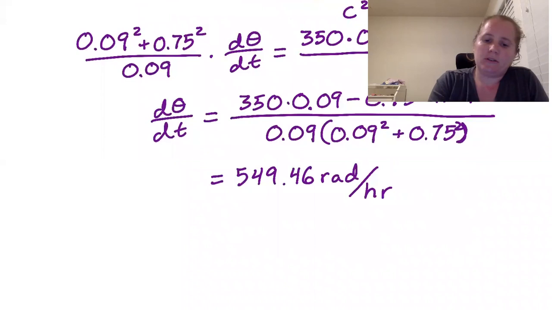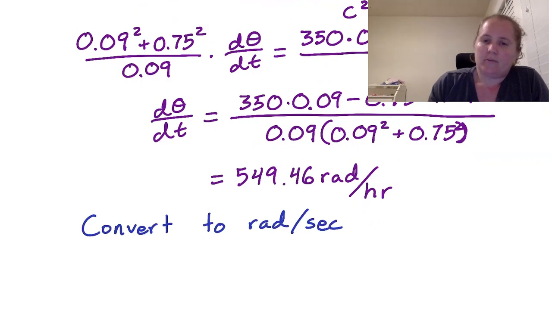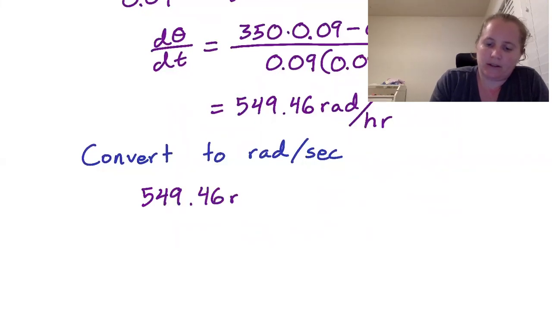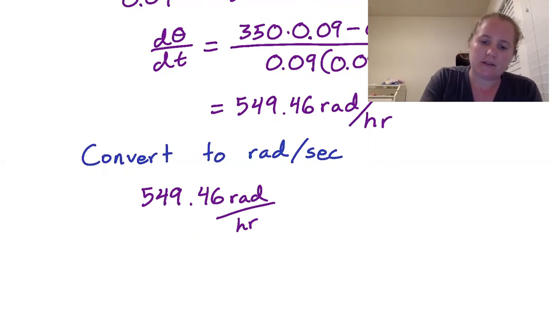So at this point now, we need to do a unit conversion to radians per second. To do that, again, we have our 549.46 radians per hour. If you know the direct conversion of seconds to hours, you can do that, or you can pass through minutes. So if we pass through minutes, we'll put hours up top and minutes down below.